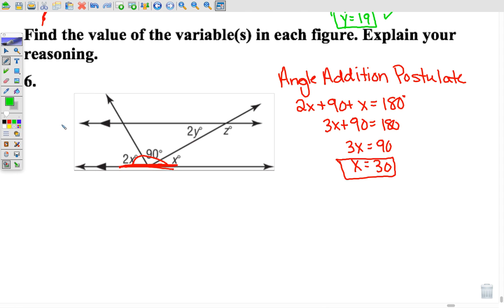Okay. Next thing that I can see is these are my parallel lines. So this right here is a transversal. Okay, and since that's a transversal, I have these two angles form a relationship. They're on the inside, so they're interior, and they're on the opposite side of this transversal. So this is my alternate interior angle theorem.